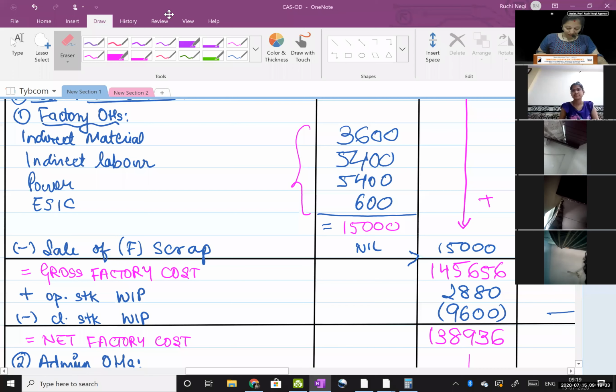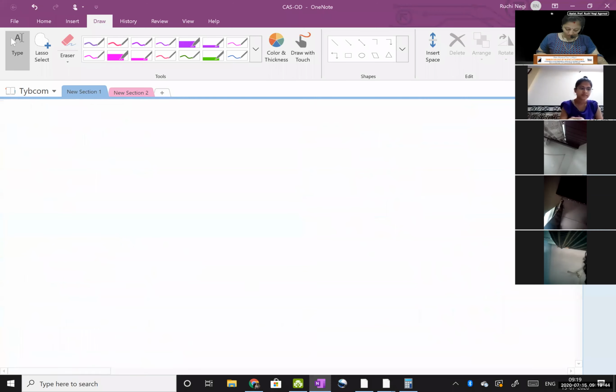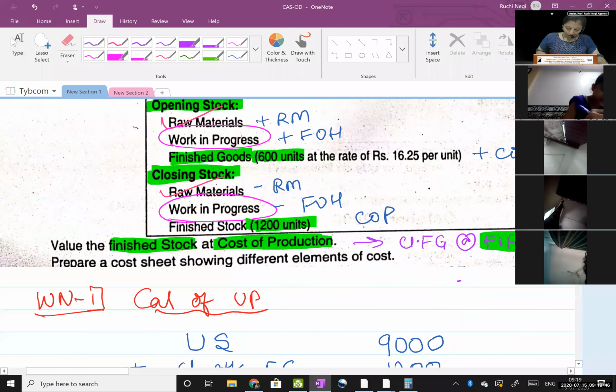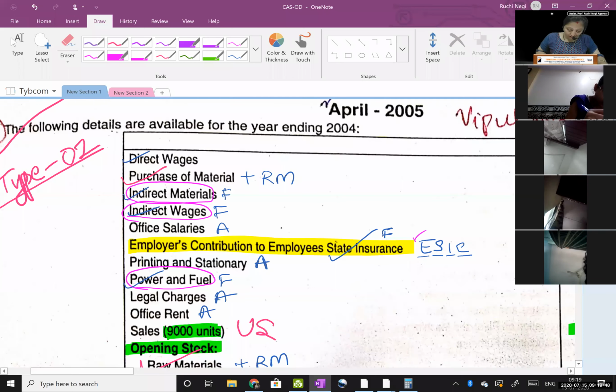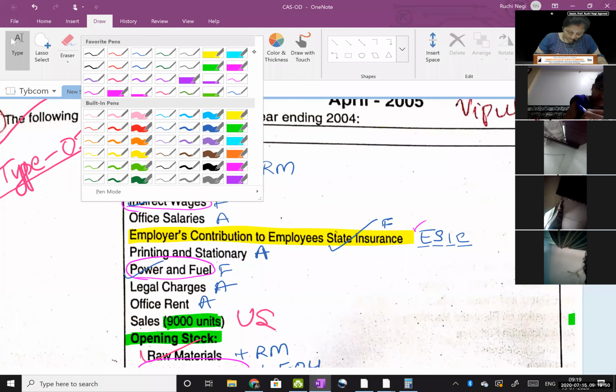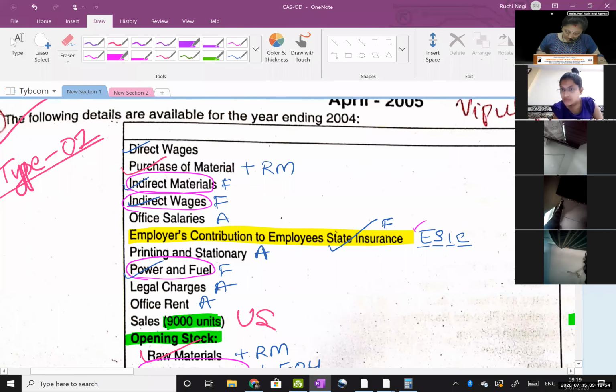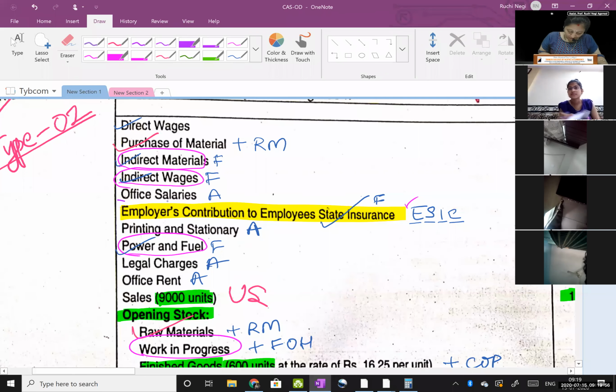Next, admin overheads. Okay. Now let us see how many items are under admin overheads. We have office salary.